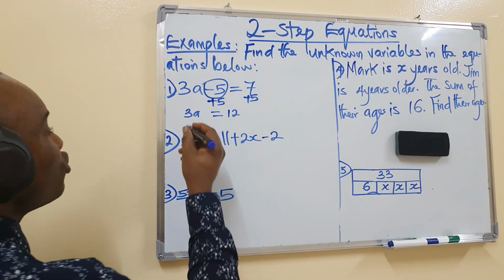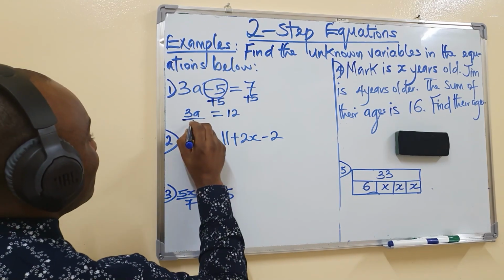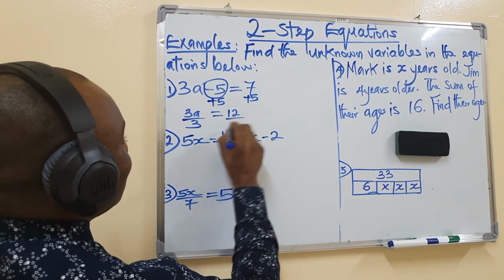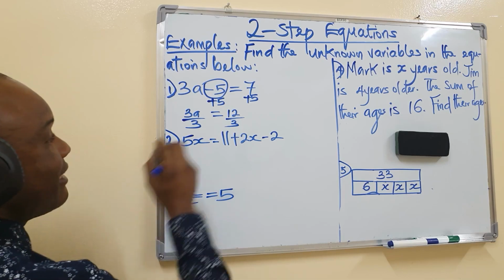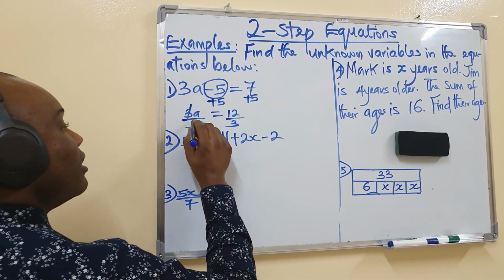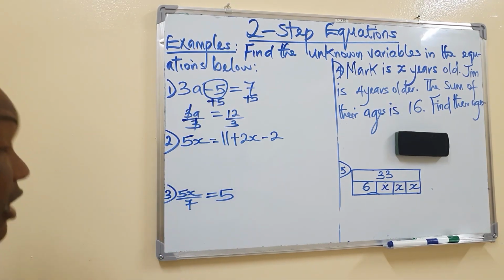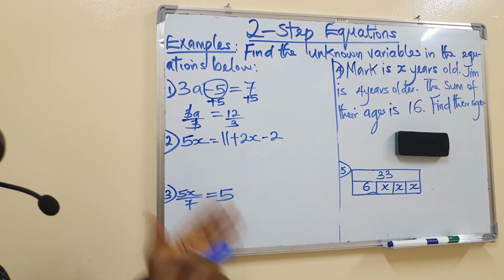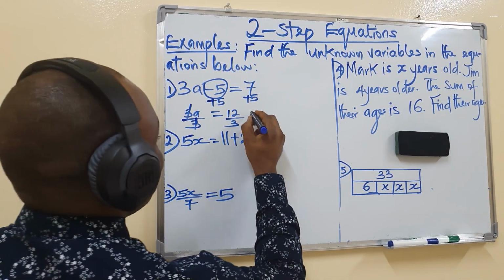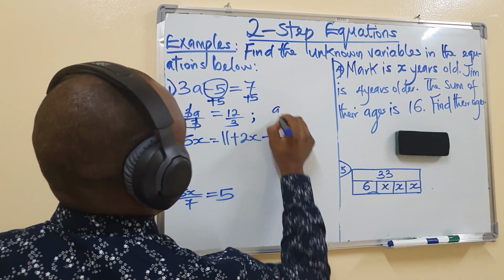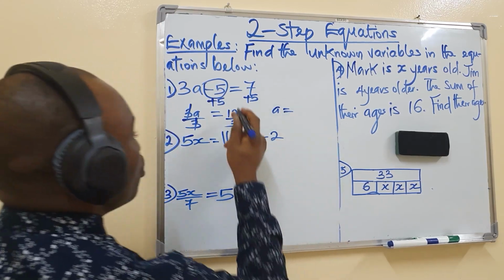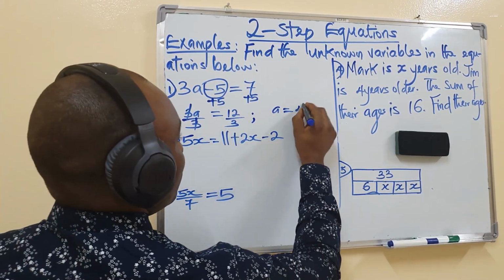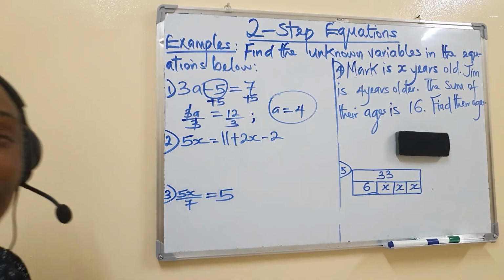So I am going to divide the left-hand side by 3 and divide the right-hand side by the same 3. In that case, the 3 on the numerator divides the 3 on the denominator. That gives you 1. 1 times a is 1a. It means that a is going to stay alone. a now is equal to 12 divided by 3, which is 4. So the value of a is 4.